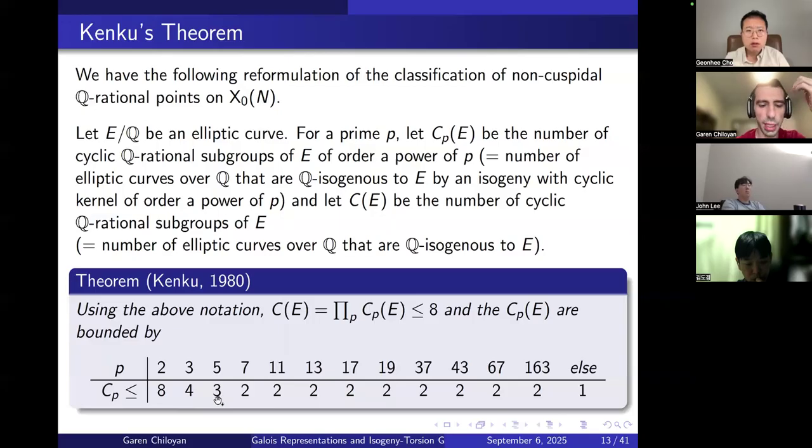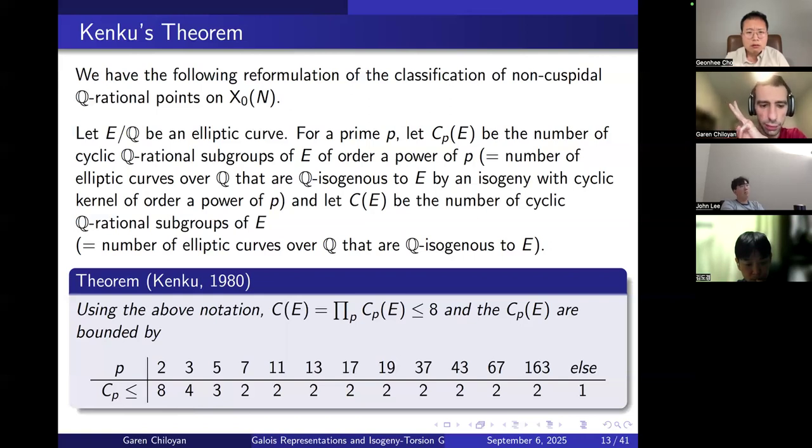So for example, let's say you're working with an elliptic curve and C_5(E) is equal to 3. So you have an elliptic curve, it's isogenous to itself, 1, and 2 other curves by an isogeny of a power of 5.